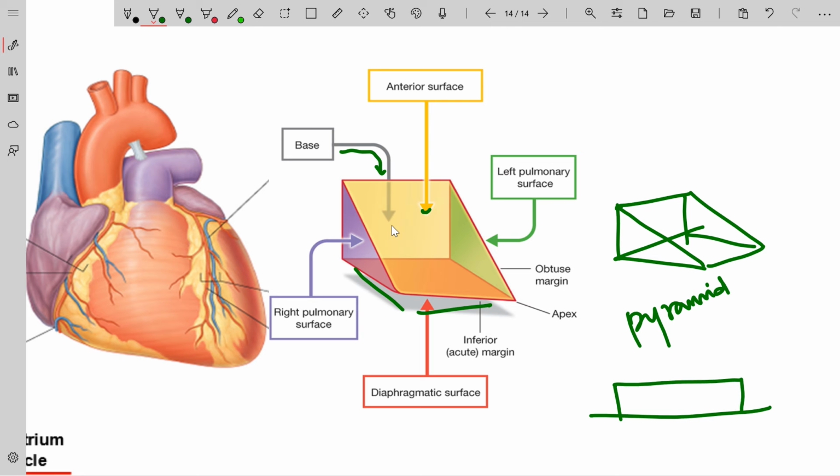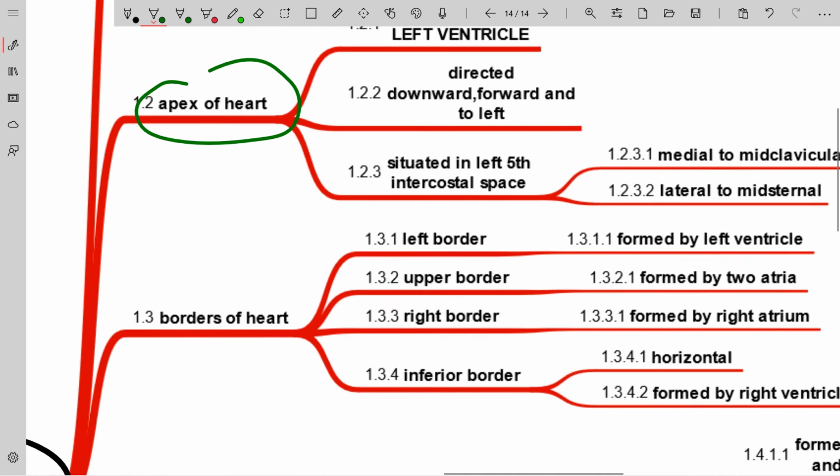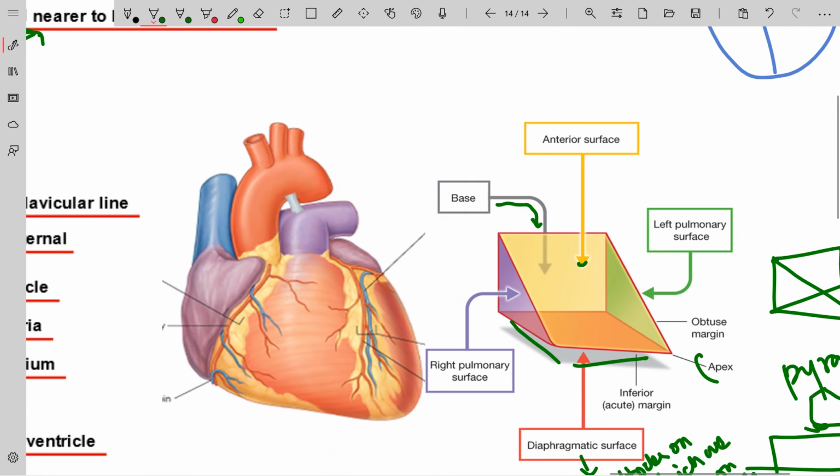On a table, when you keep some object, it rests on its buttocks, like the buttocks on which we sit on a table or chair. So this is the apex of heart.